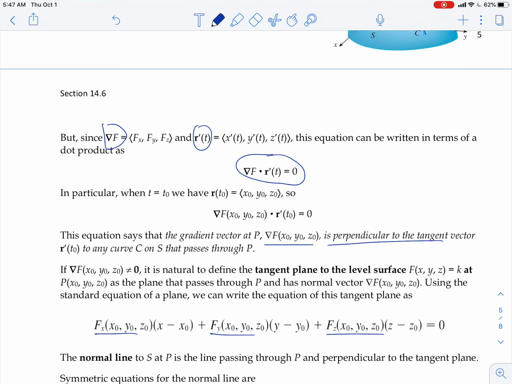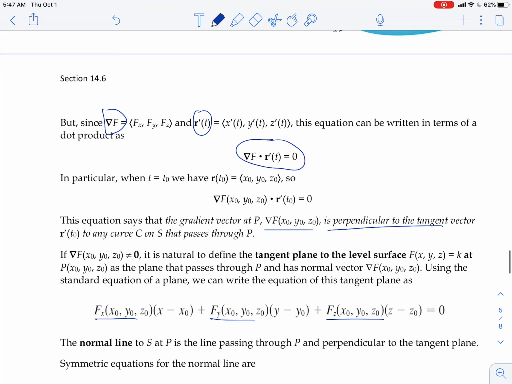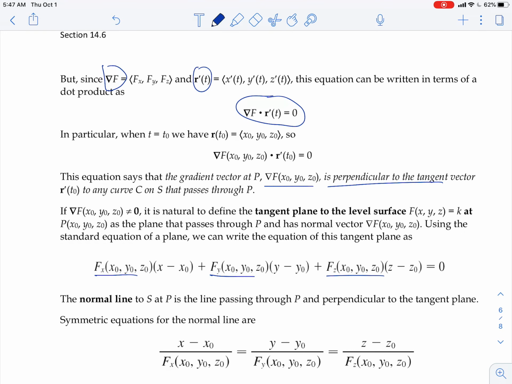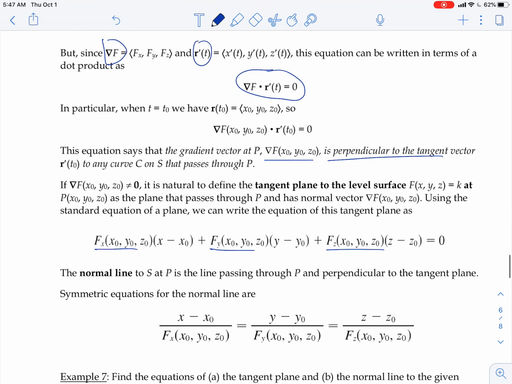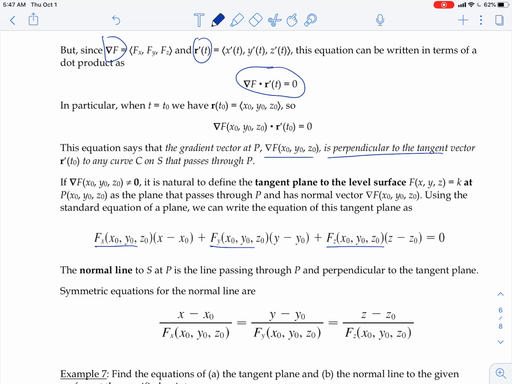We use that when writing the equation of a plane: the gradient times x minus the initial point, y minus the initial point, and z minus the initial point. So we can write the equation of a tangent plane to the level surface just using the gradient as the normal vector at our point, and using the point to define where our plane is.